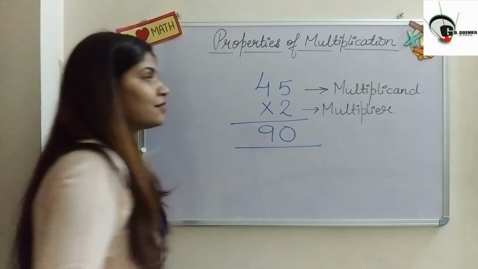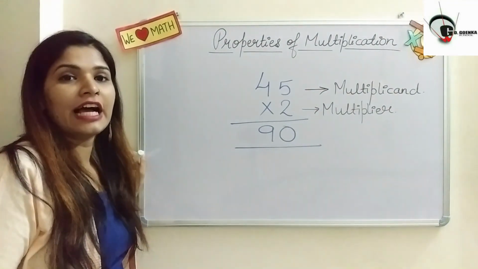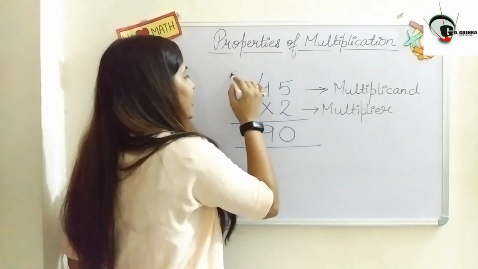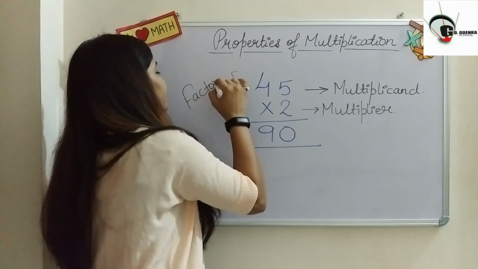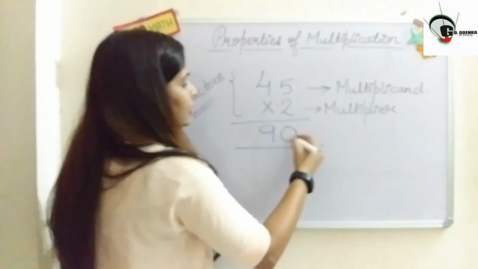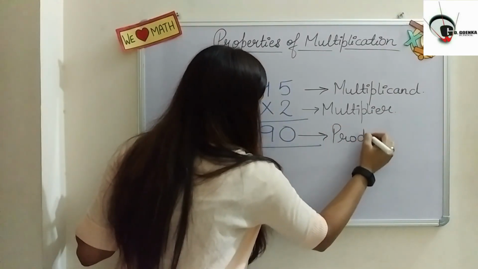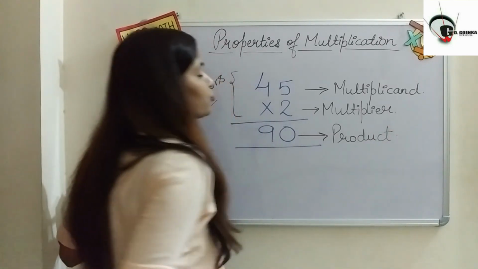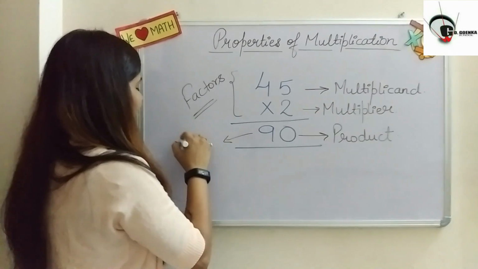These are the basic terms used for these two numbers, or in higher classes we can also name these numbers as the factors. And what about the result? The result is known as the product initially, and when we move to the higher classes, we can say this as the multiples also.